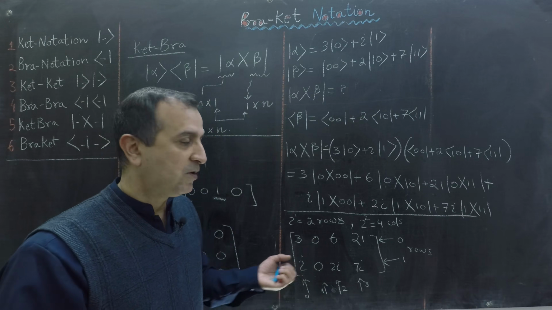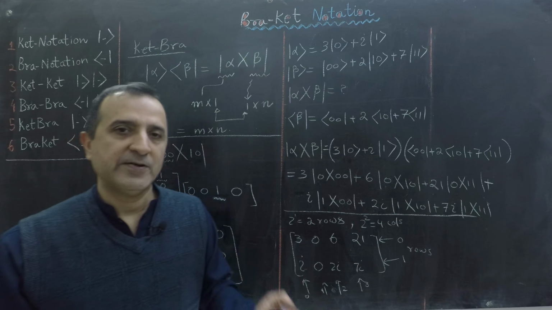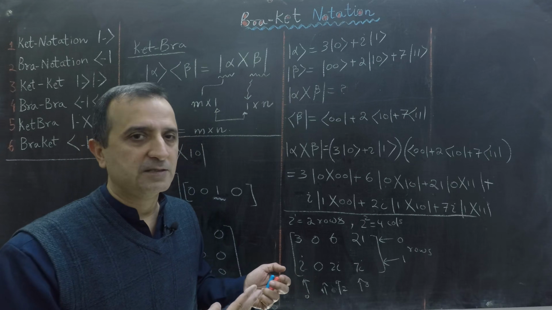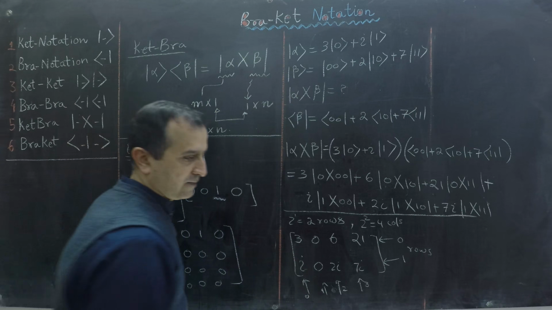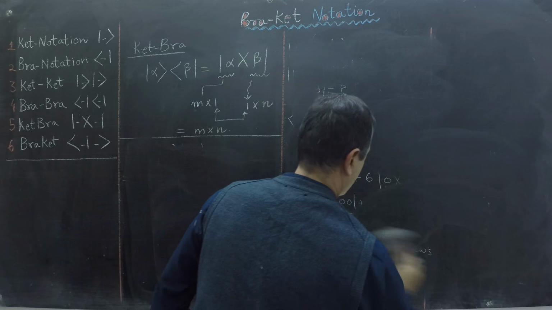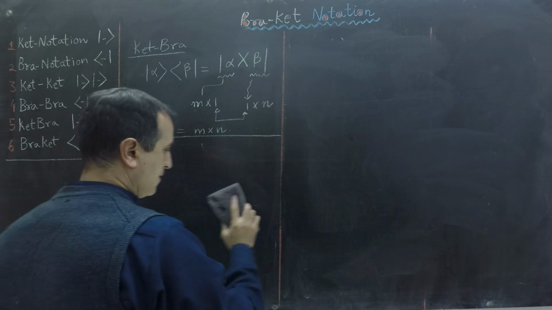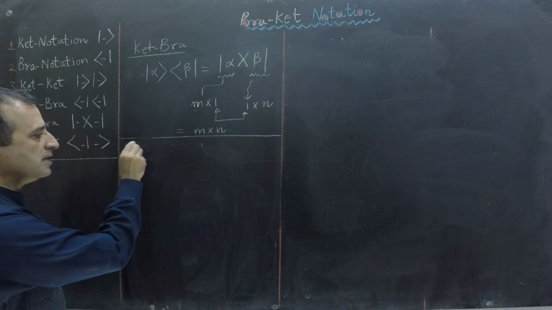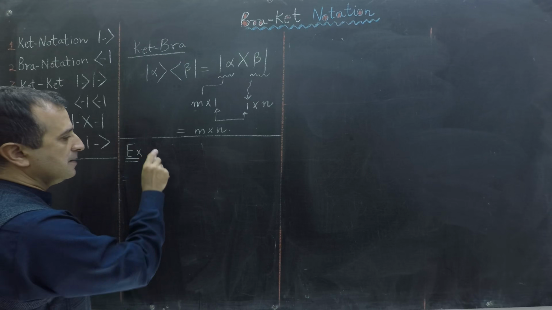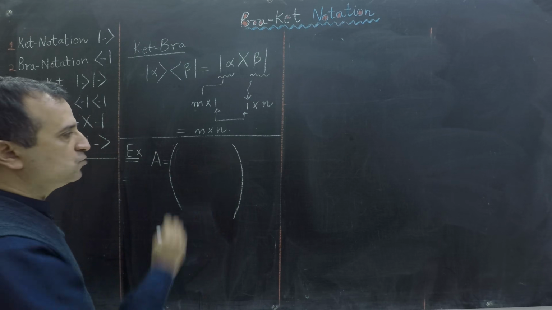To understand it even more clearly, let's do another example. In that example, we have a matrix and we have to express that matrix in terms of Bra-Ket notation. That will be interesting. So here I have a matrix A which has 4 rows and 2 columns.